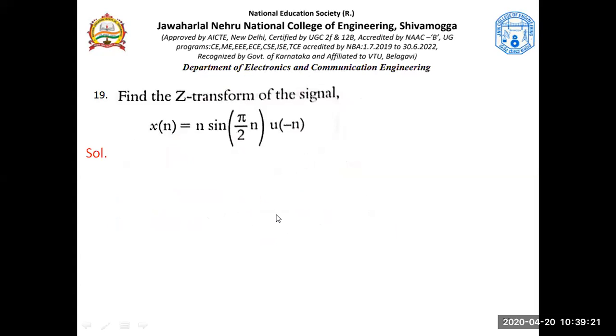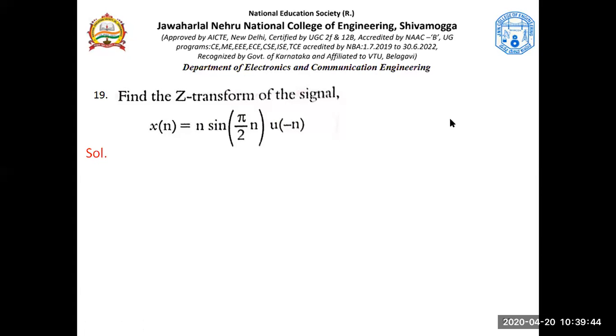Now, let's go on with another signal. Which signal is this? It's a sinusoidal signal. This n is there, so this is differentiation in the Z domain. Let's keep this aside.